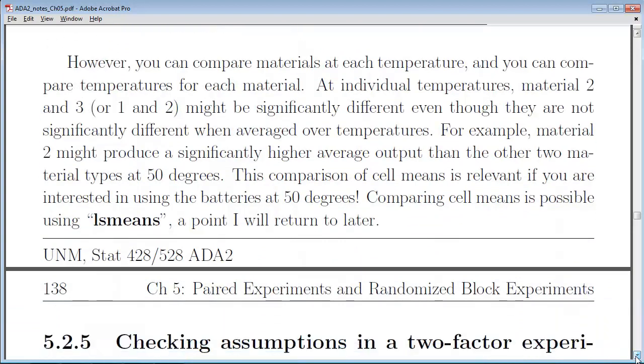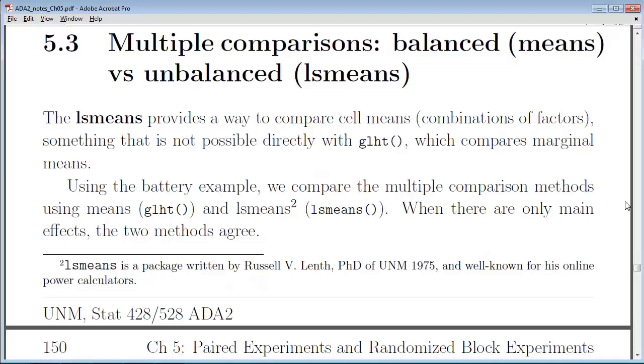All right. So what should we do in this case when we have interaction? If we jump down to section 5.3, I'll show you how to use the package lsmeans to look at conditional comparisons. And this is one of the few packages that I use in my own work regularly.